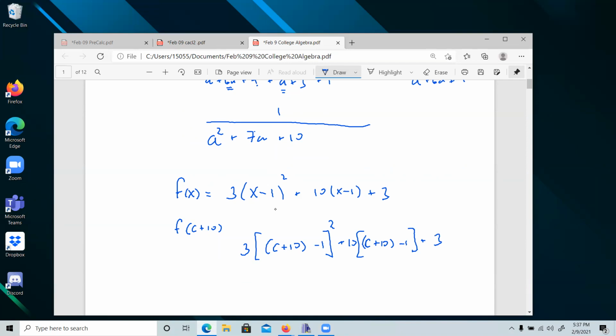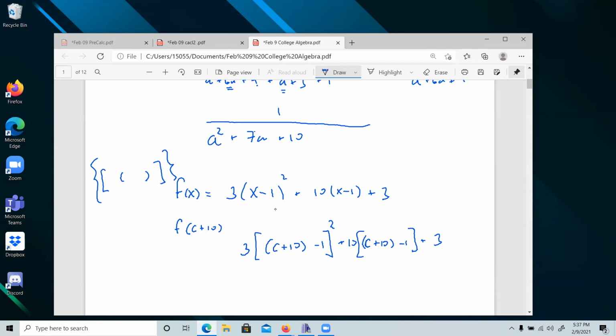plus 3. Okay, you'll notice I changed my brackets and my parentheses a little bit. Typically, your parentheses are the inside thing, and brackets are one step out, and then these braces are the next step after that. Okay, so that's technically how that goes. Nobody will ever question you on that. Nobody will ever care.